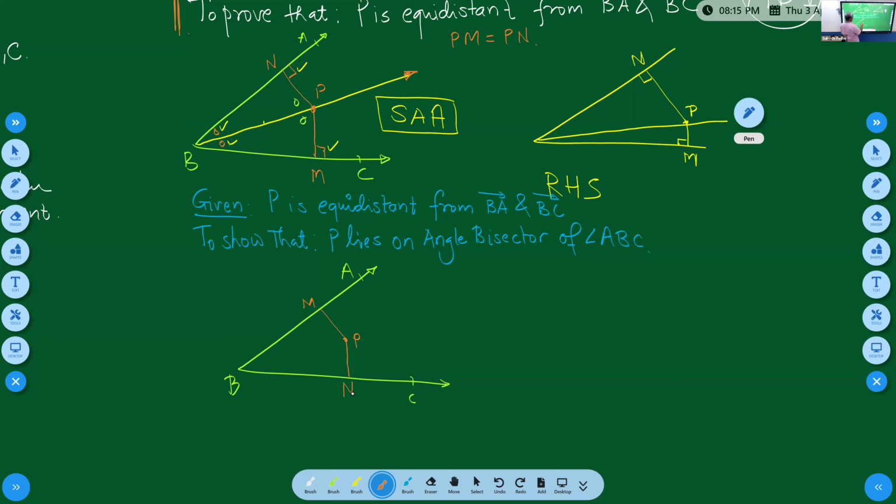When I say P is equidistant from ray BA, it is perpendicular and equal. Hence you show that if we join BP, then it is going to be the angle bisector. P is going to lie on the angle bisector. To show that, in other words, measure angle PBM equals measure angle PBN.